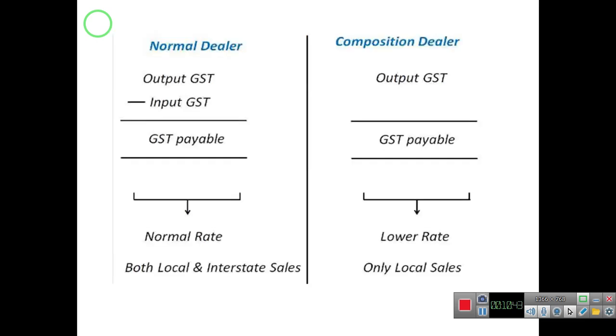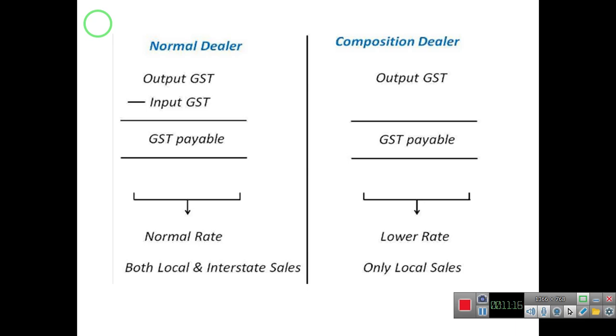If we compare the composition dealer and normal dealer while calculating the tax amount, in case of a normal taxpayer, from output GST he can claim input tax credit, and on the remaining net amount he pays GST at normal rates. And in case of a normal taxpayer, both interstate and intrastate sales are included.